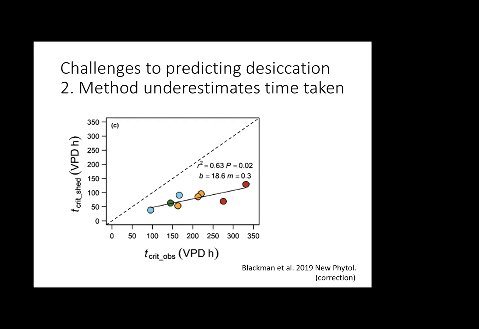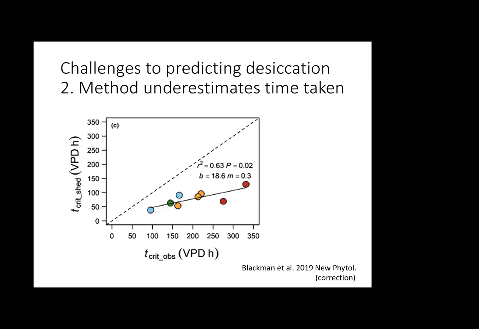And, you know, if I have one piece of advice for PhD students, if ever I'm asked what's your main piece of advice, it's always check your units, check them really well, because that sort of error creeps in so easily. And it does change the conclusions that you make. So instead of predicting the time to hydraulic failure really well, we now find that our model actually underpredicts the time to hydraulic failure.